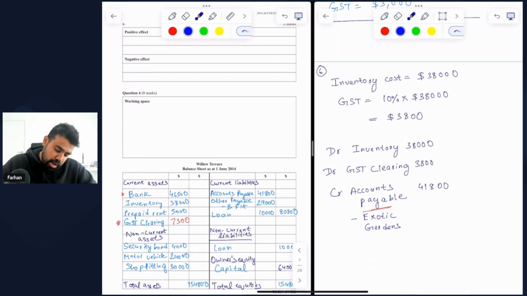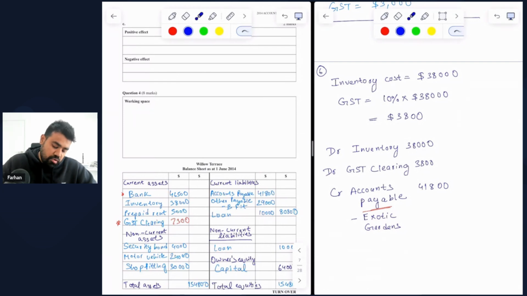Then we have other payables for BFIT, which is $29,000. And that is called an other payable because it's an accrued expense other than inventory purchase, which is referring to the purchase of a non-current asset. Then we have the short-term loan repayment due in the next 12 months of $10,000.